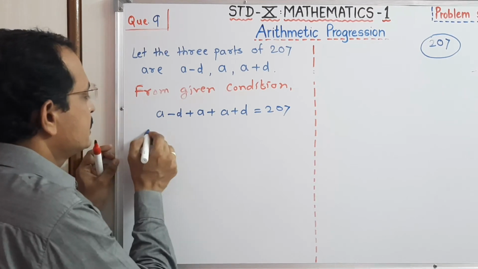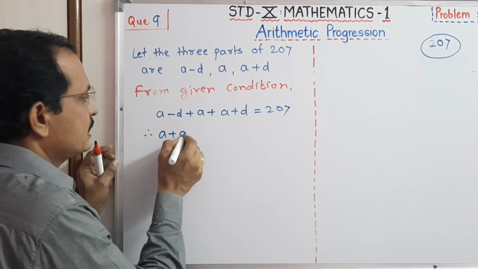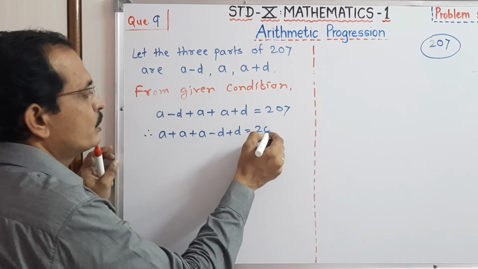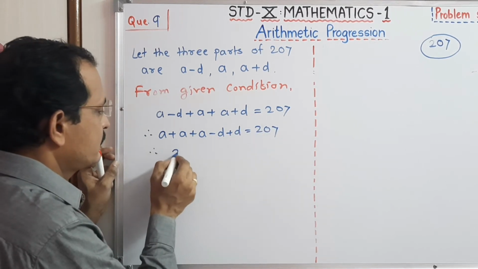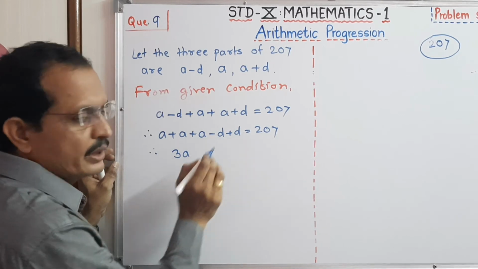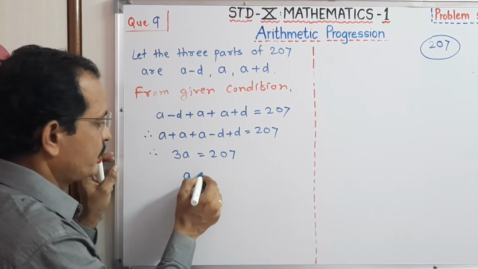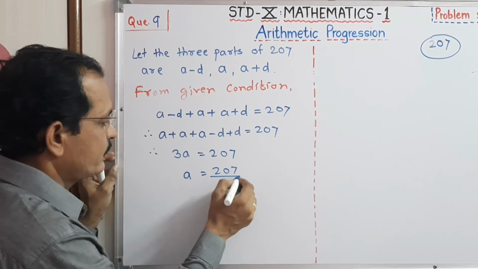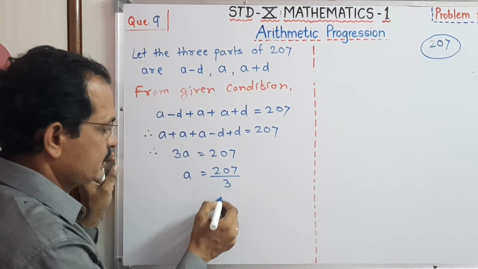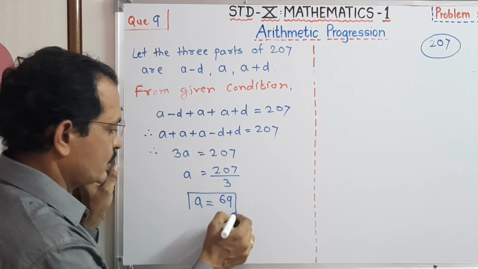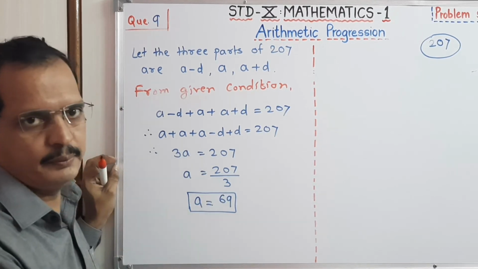Now dear students, see here, A + A + A - D + D is equal to 207. 3A + D - D, which is 0, is equal to 207. Therefore A is equal to 207 upon 3. 3 6 and 3 9. Therefore A is equal to 69.